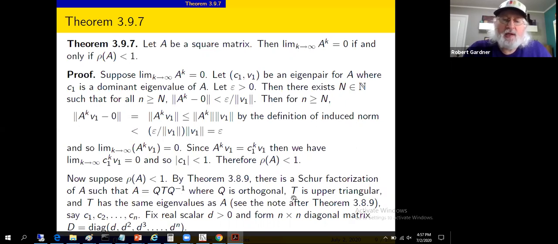T is upper triangular and has the same eigenvalues as A. By the way, that means being a triangular matrix, the diagonal entries of T must be c sub 1 through c sub n. That's how you find the eigenvalues of a triangular or diagonal matrix. It's just the entries along the diagonal. And D is a diagonal matrix with those particular entries.